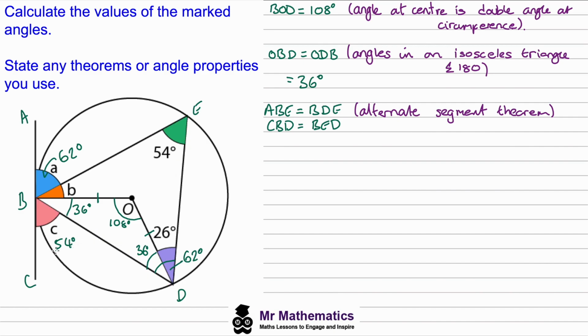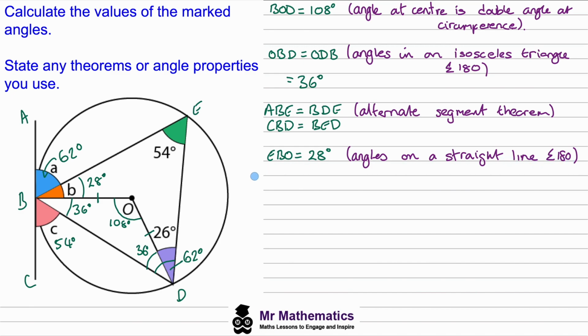Okay, so all we have to work out now is angle B, but now we've got angles on a straight line. So angle B must equal 28 degrees. All we've done is 180 take away the other three known angles, okay? So we'll say that EBO is equal to 28 degrees because angles on a straight line have a sum of 180 degrees, okay?